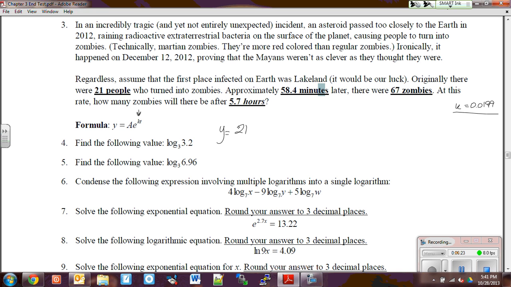So this is 21 because it's still our initial amount, equals e raised to k, 0.199 times 5.7 hours. Now, I realize I said that t can be any units, but you have to stay consistent. Since we started in minutes, we need to end in minutes. So we need to convert this to minutes. How do we do that? There's 60 minutes in an hour, so just multiply that number by 60. You get 342. All right.